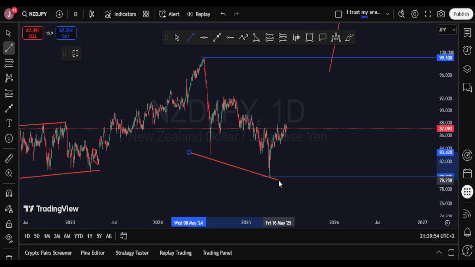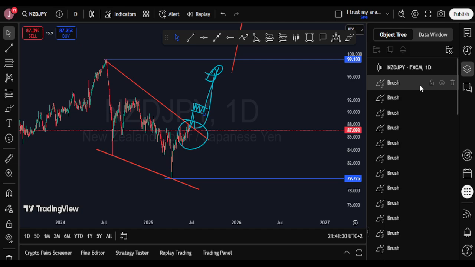For the buy, it can happen in one of those two scenarios. So I just want us to have another clear chart so that we can look for the second scenario.